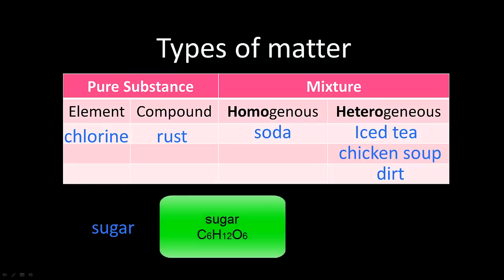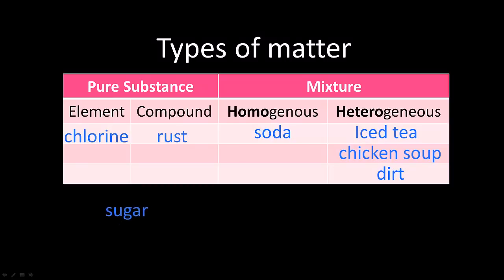Sugar has a compound formula of C6H12O6. Knowing that, it cannot be physically separated by filtration or evaporation, so it is a pure substance. And then we have to ask ourselves, element or compound? Well, it would have to be a compound because it has more than one element in its formula.